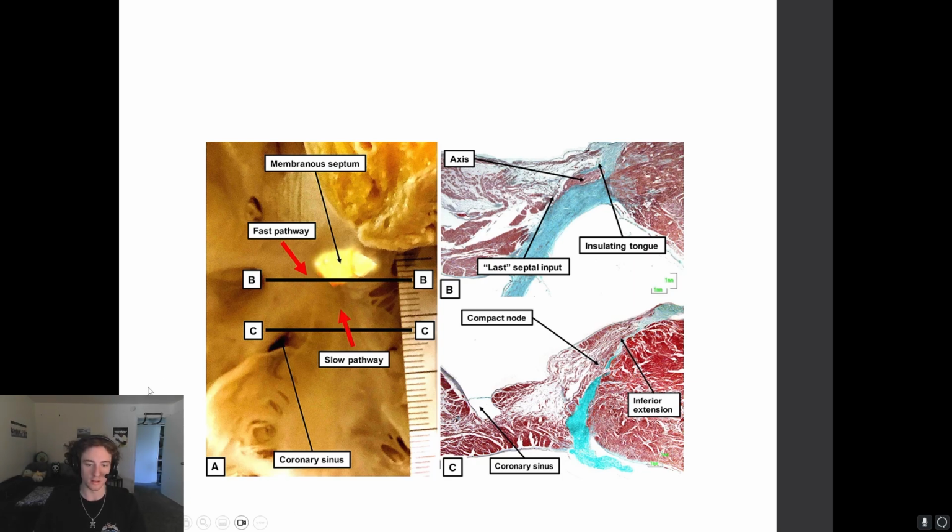So likely what causes the longer HA interval is a bigger atrioventricular ring tissue. So essentially more tissue with slow conducting properties contributes to a longer HA interval.